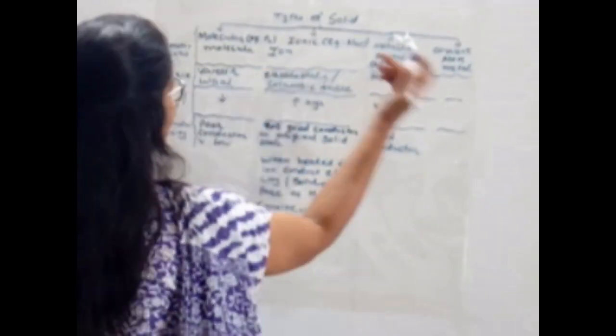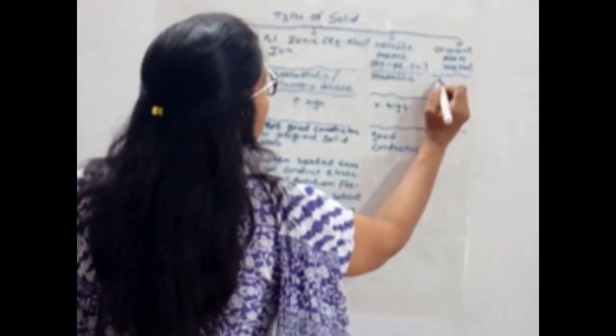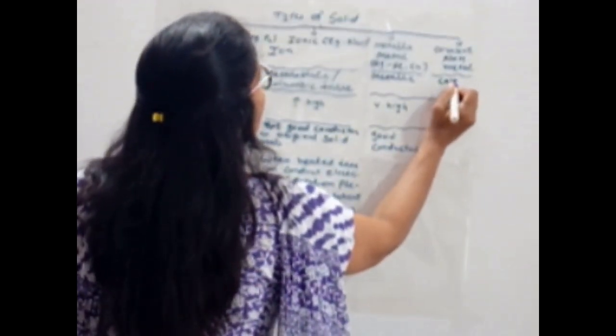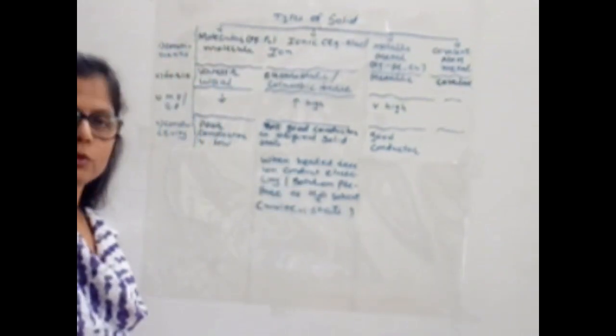Where is the covalent bond seen, students? Covalent bond forms within non-metals. So that's why it is a non-metal constituent particle. So what is the force of attraction? Just now we said covalent force and covalent bond. So force of attraction is covalent. Then what about the melting point?